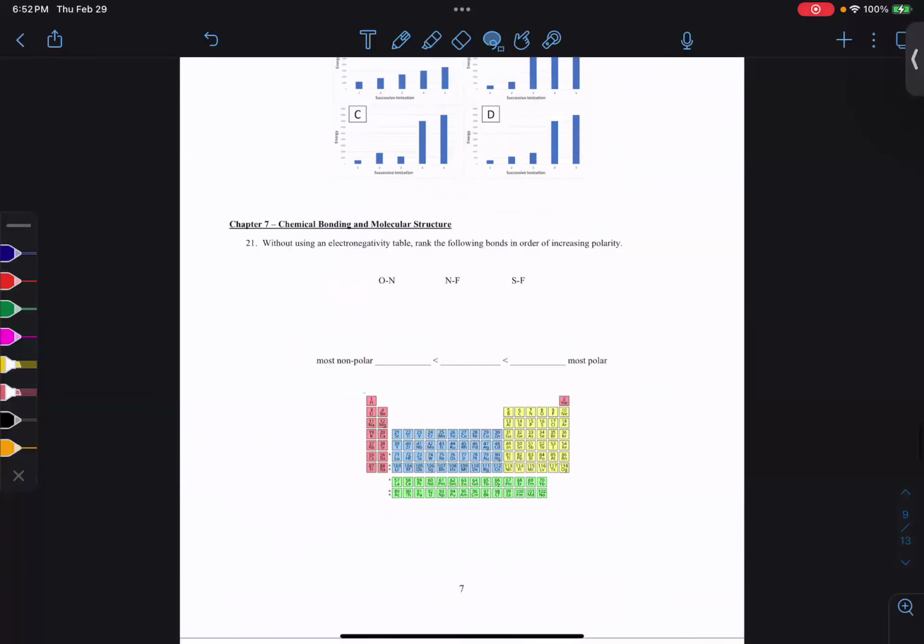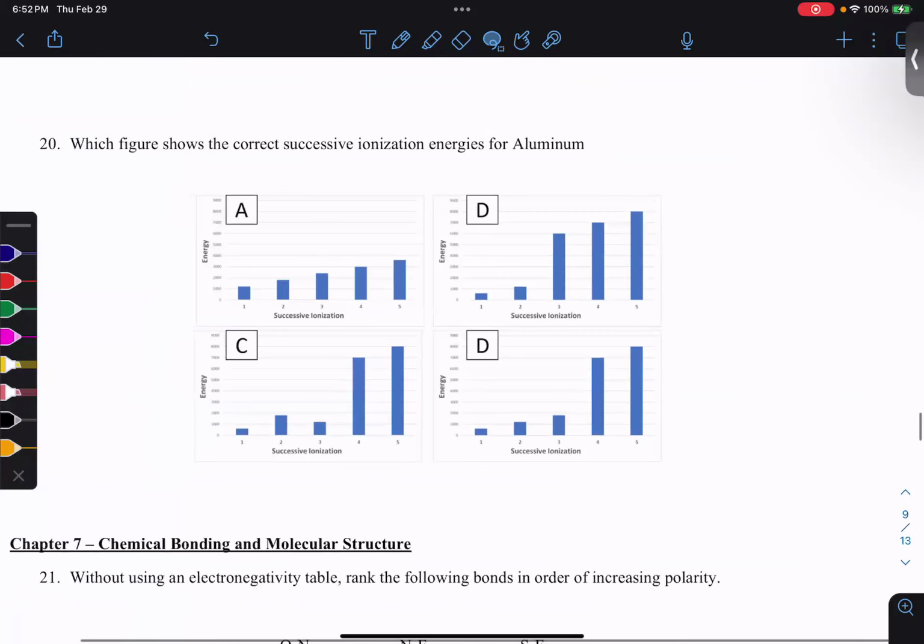Okay, keep going. All right, which figure shows the ionization energy for aluminum? So this is successive ionizations. So I'm taking electrons off one at a time. So you are looking for the graph that has what kind of feature? Three small peaks.